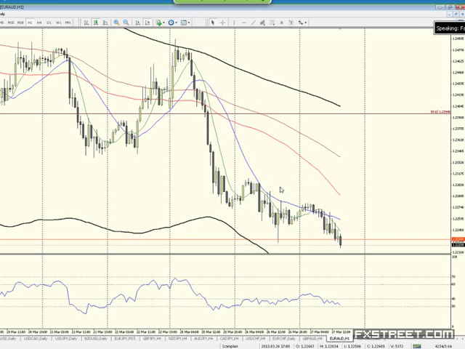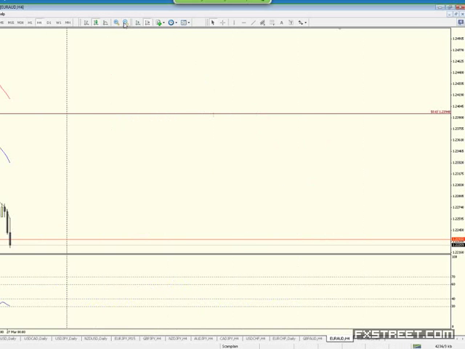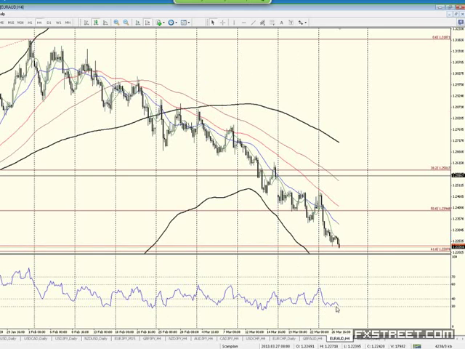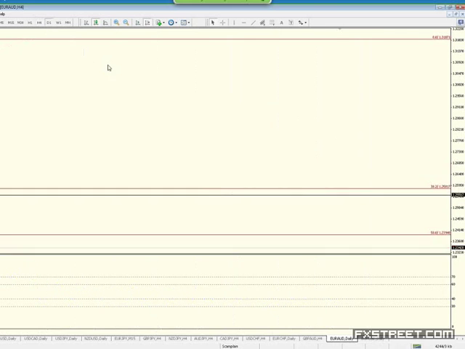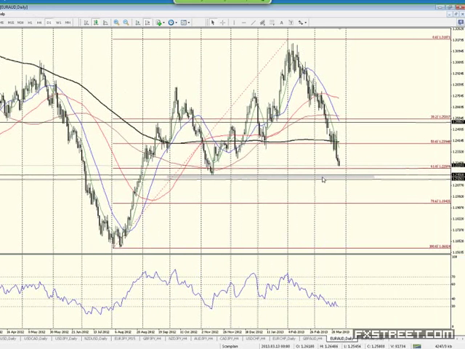You could look at a possible bullish divergence forming, the 61.8% at 1.22. Maybe that's an important level to look at. Okay, here we go. 1.61, 1.22, down to these levels, 1.2150.